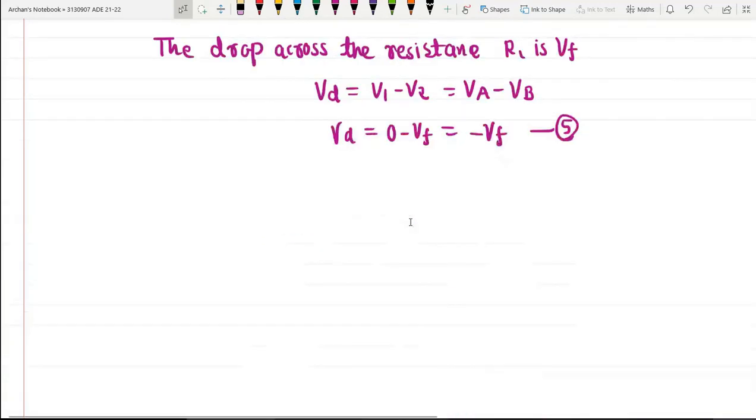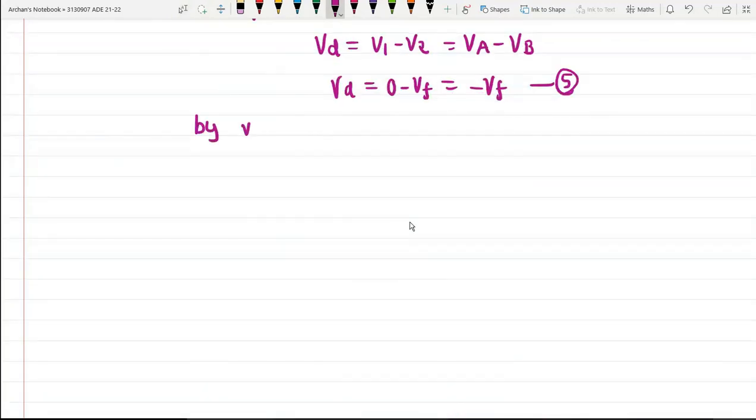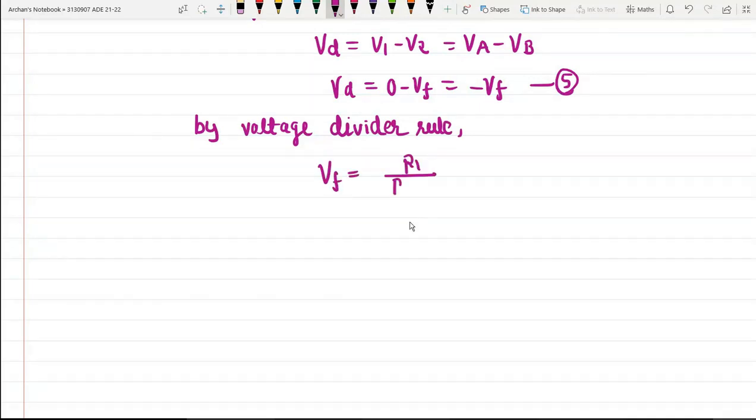By the voltage divider rule, we have Vf is equal to R1 divided by R1 plus Rf into V0. If you see this term, R1 divided by R1 plus Rf, what is it?